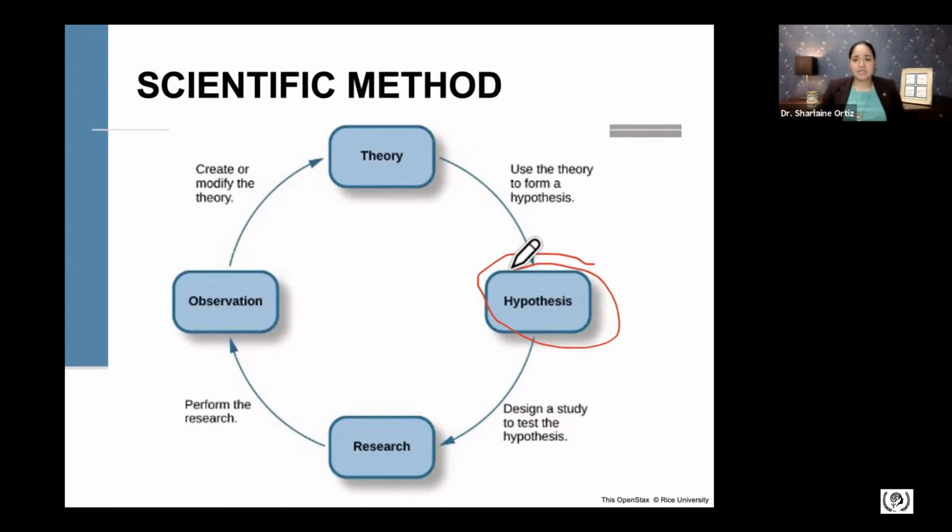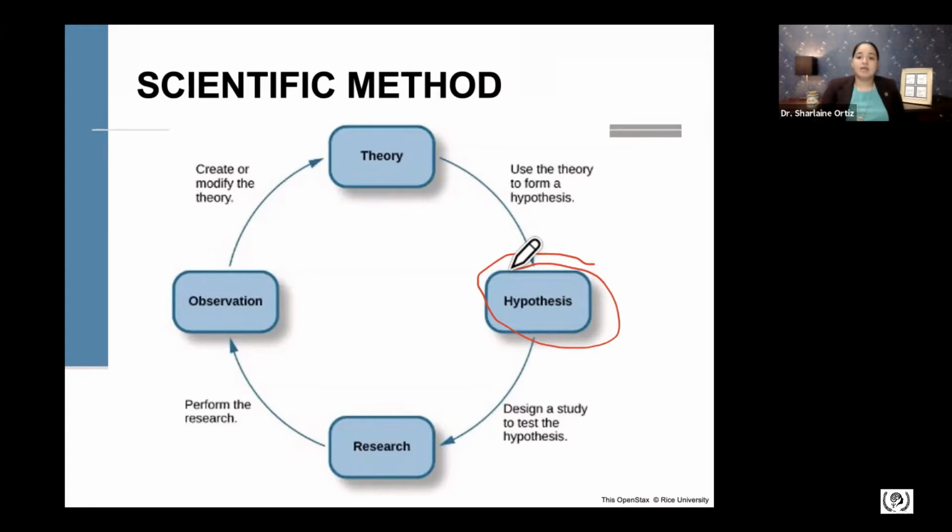So for example, I can say the higher the temperature, the more likely that the student is going to be upset. Or I can also say the higher the temperature, the more likely that the student is going to perform poorly.